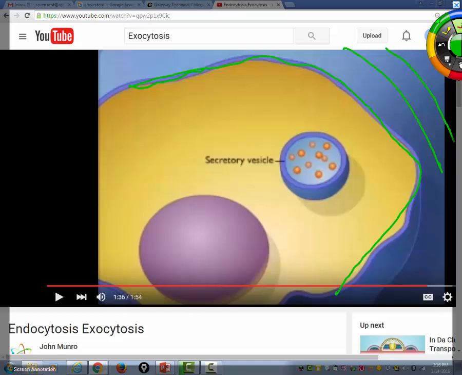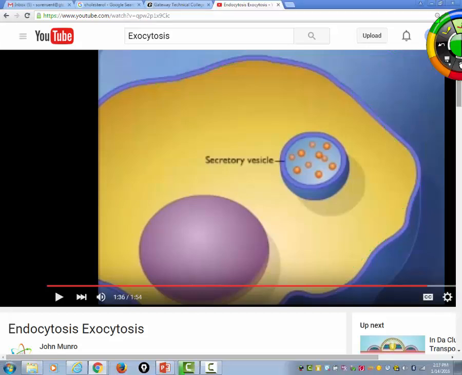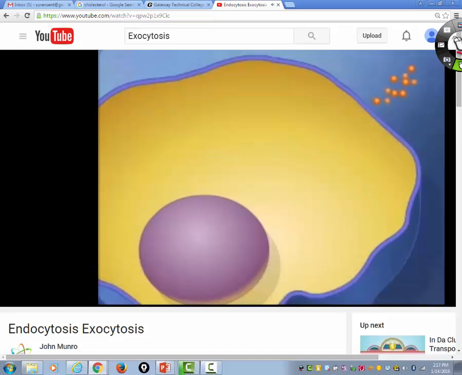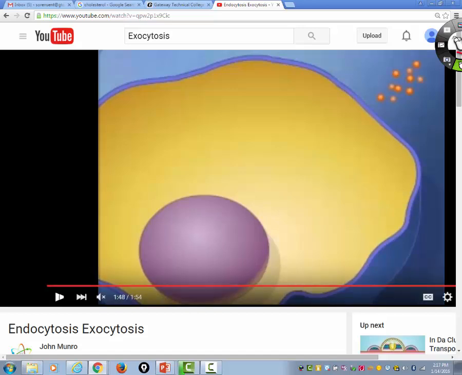Here's the secretory vesicle, and here's the stuff that we got to get out of the cell and into the blood. So what the secretory vesicle will do is it will bind to the cell membrane and actually fuse with it. So you add a little extra cell membrane when this happens, and it will dump its product into the blood. And the organelle that's responsible for exporting that is the Golgi apparatus.